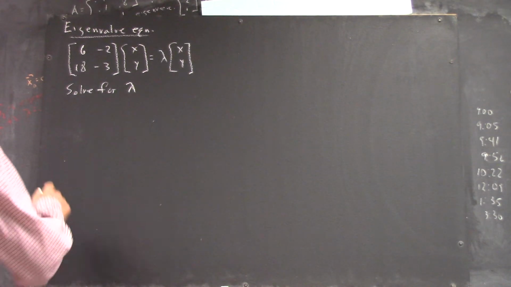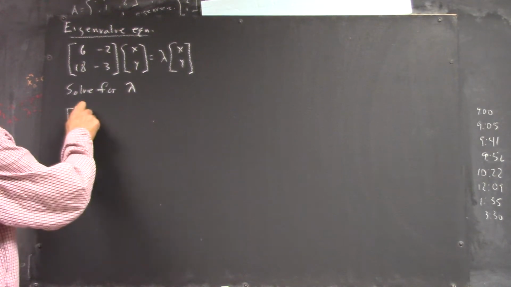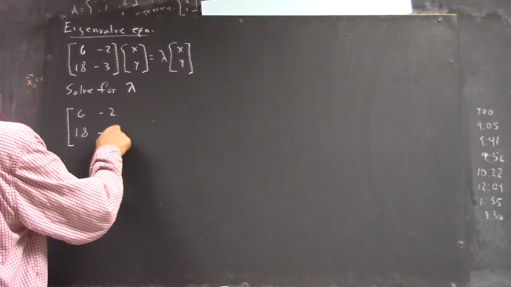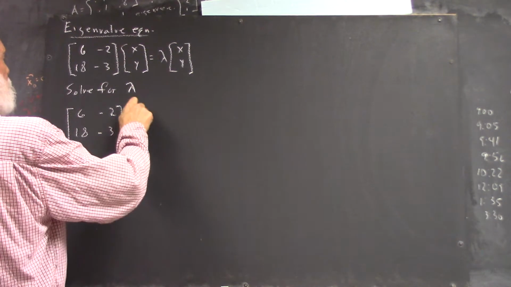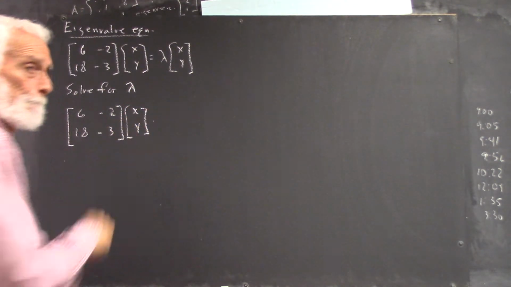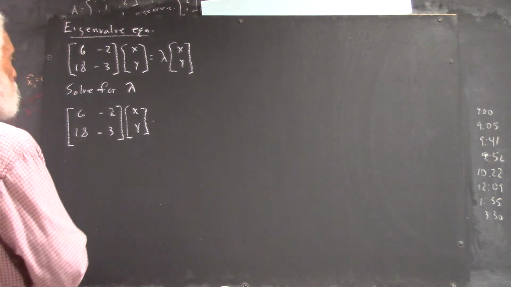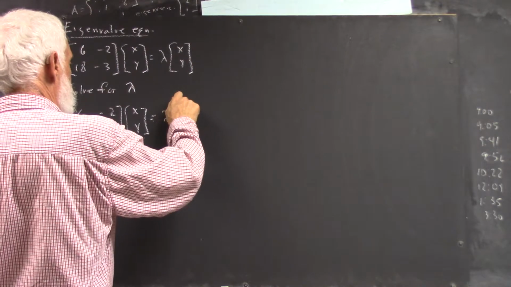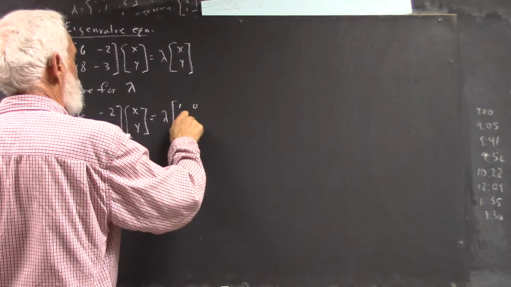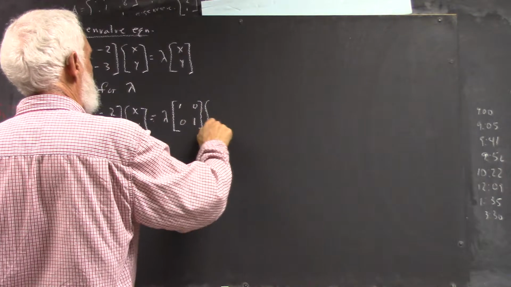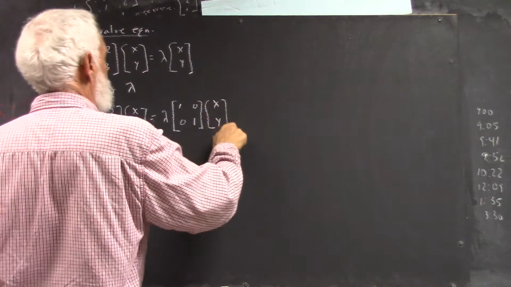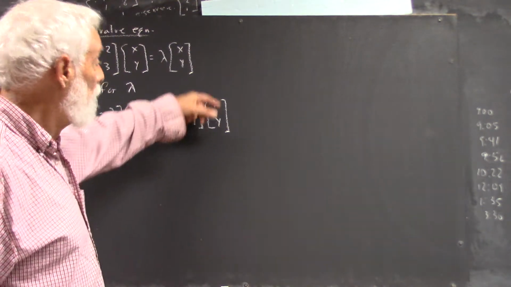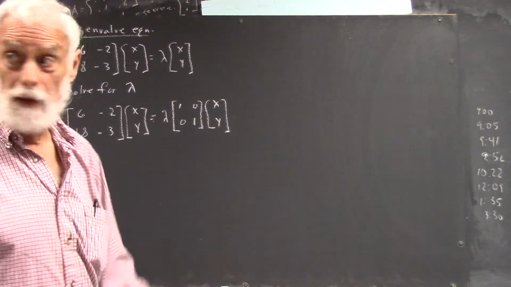Now, you might want to follow what I'm doing algebraically, but this says that the matrix 6, -2, 18, -3 multiplied by the vector xy is equal to lambda times xy, but of course, I'm going to write it this way. Because, of course, this is the identity matrix. If I multiply this by the xy vector, I get the xy vector, right?